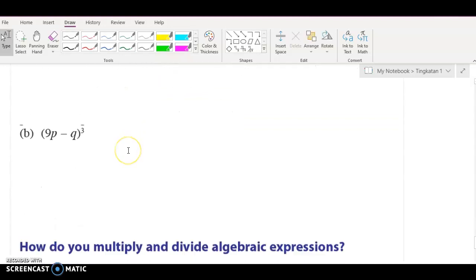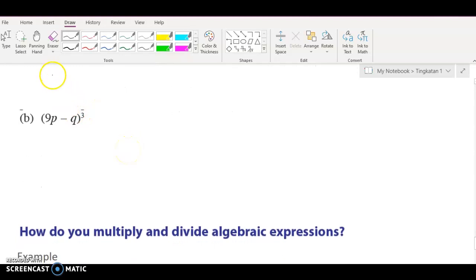Let's look at another one, 9p minus q. You can see that you have the power of 3 over here, which means you have 3 brackets. Okay, 1, 2, 3. So just copy back all the terms inside the bracket, 9p minus q, 9p minus q, 9p minus q.